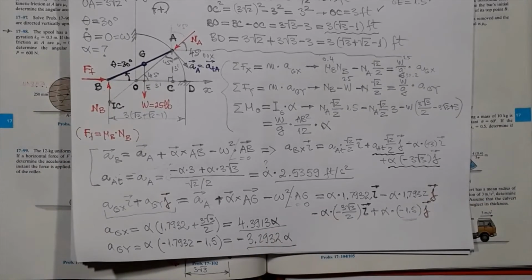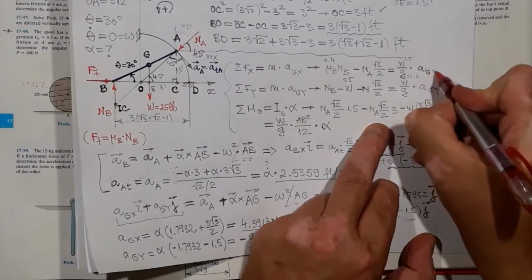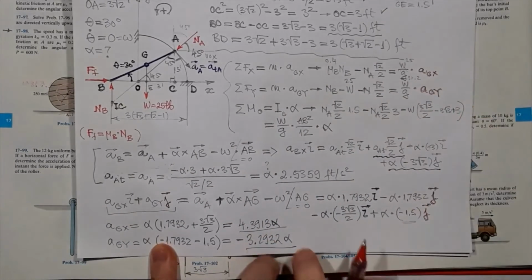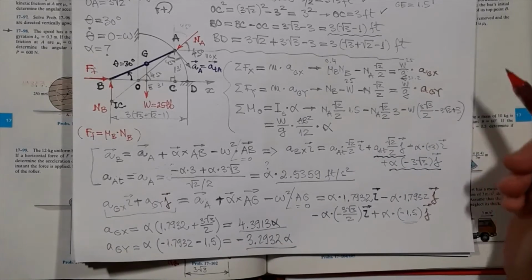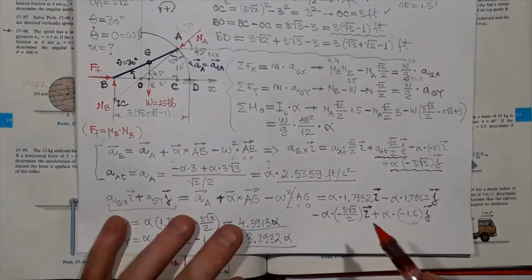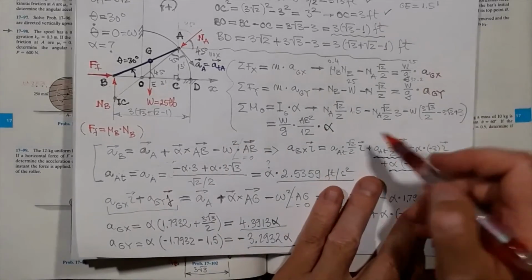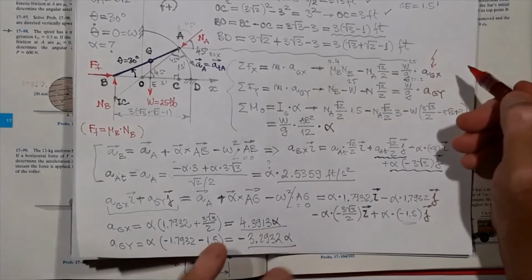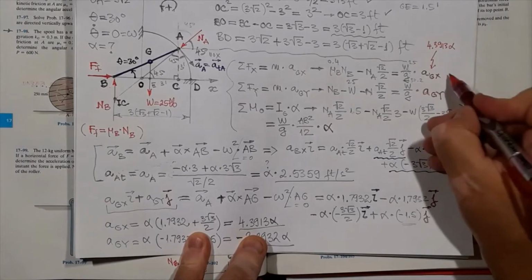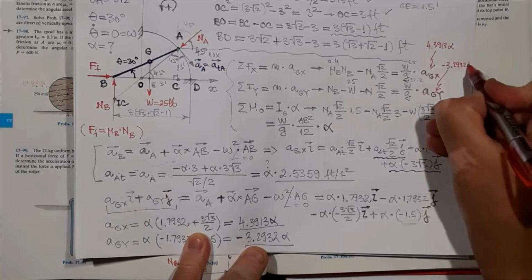So at this point, back to the force and moment equations, AG of x becomes alpha with a multiplier, AG of y, alpha with a multiplier, so we have just alpha as unknown, and then we have NA and NB. So really a set of three equations with three unknowns: alpha, NA and NB. So this is 4.3913 times alpha, and this one here is negative 3.2932 times alpha.